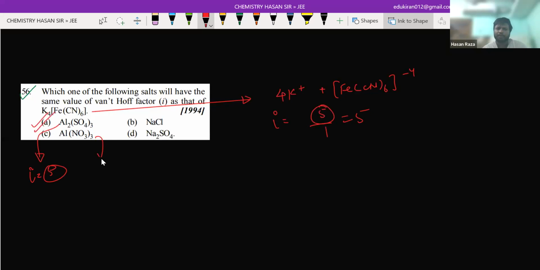Can you tell me the value of i for this, Al(NO3)3? That's great. What about this D? Faiza, I want an answer from you as well.